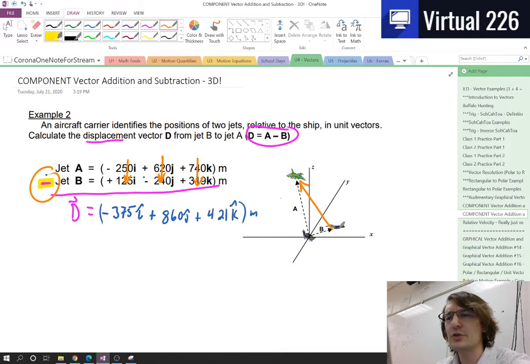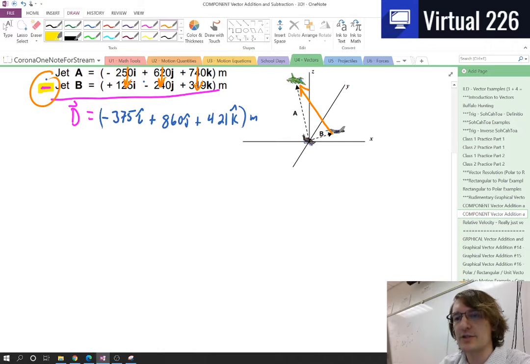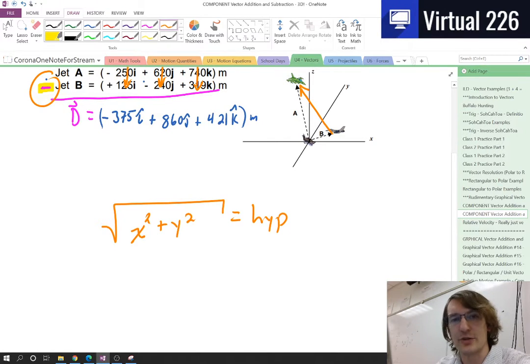If you wanted to find out what distance that actually was, then you could do a 3-dimensional Pythagorean theorem. It sounds more complicated than it is, because on a normal Pythagorean theorem, you just take your x quantity squared and add it to your y quantity squared, and this gives you the hypotenuse of your triangle.